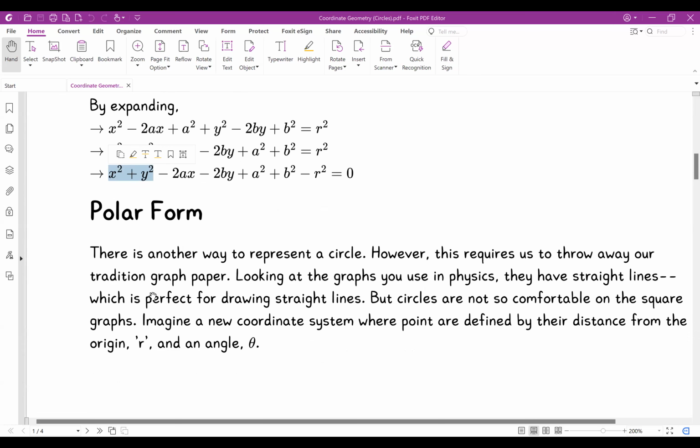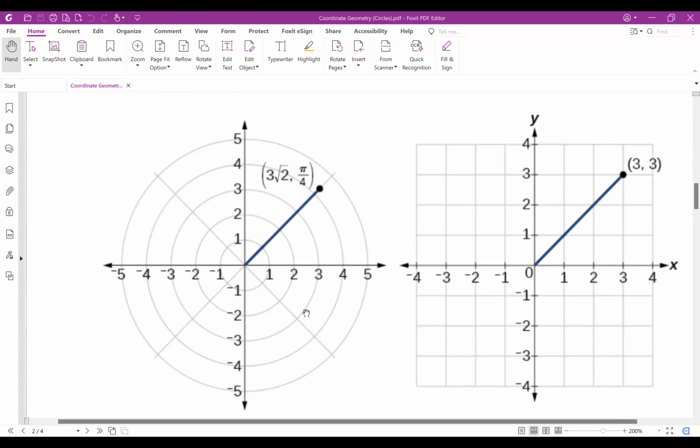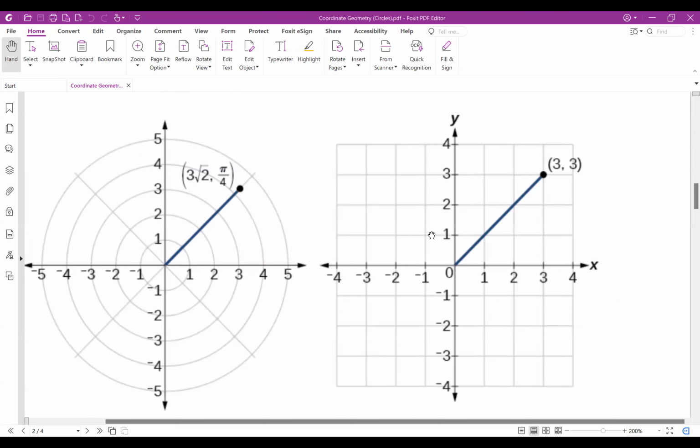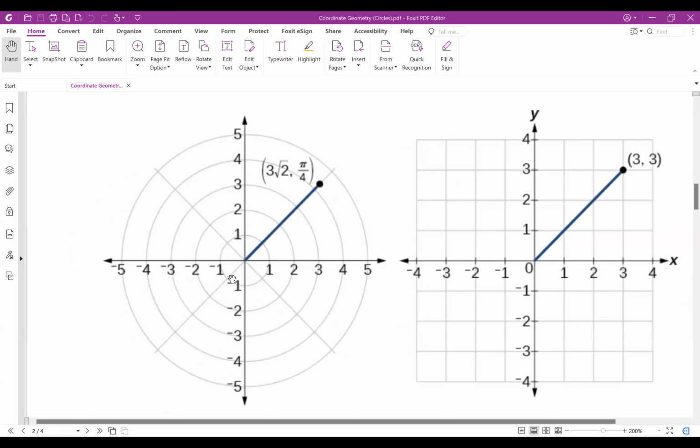So you have the traditional graph paper, which is the boxes. It's amazing for drawing straight lines, curves, stuff like that, right? But a circle would feel so much more comfortable if all the lines, instead of forming rectangles, formed circles themselves.